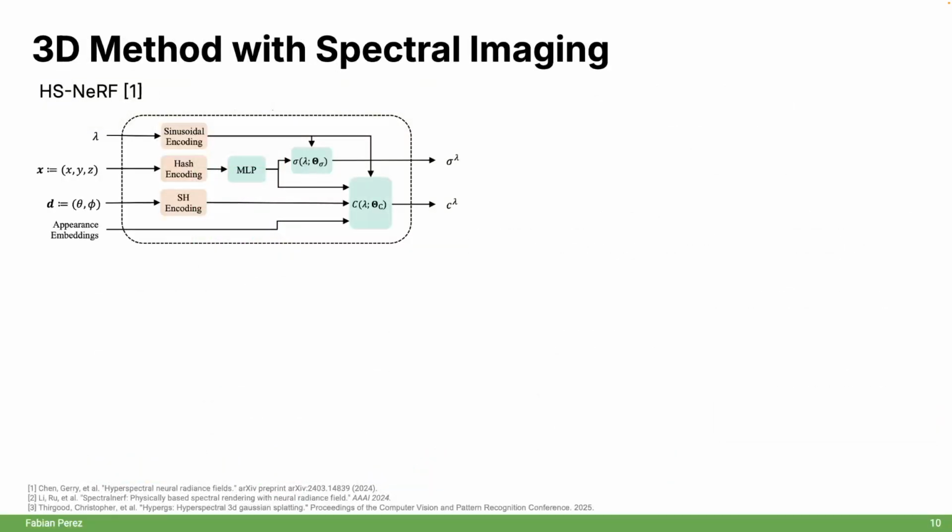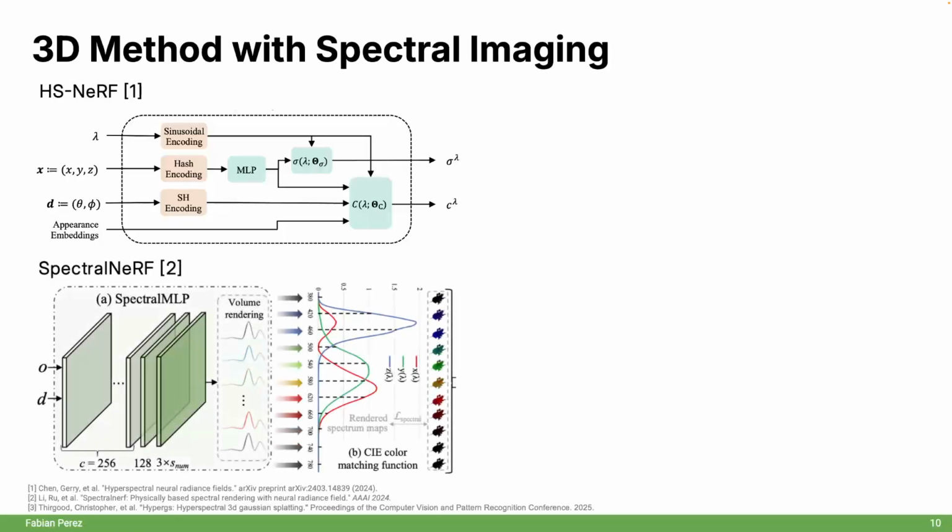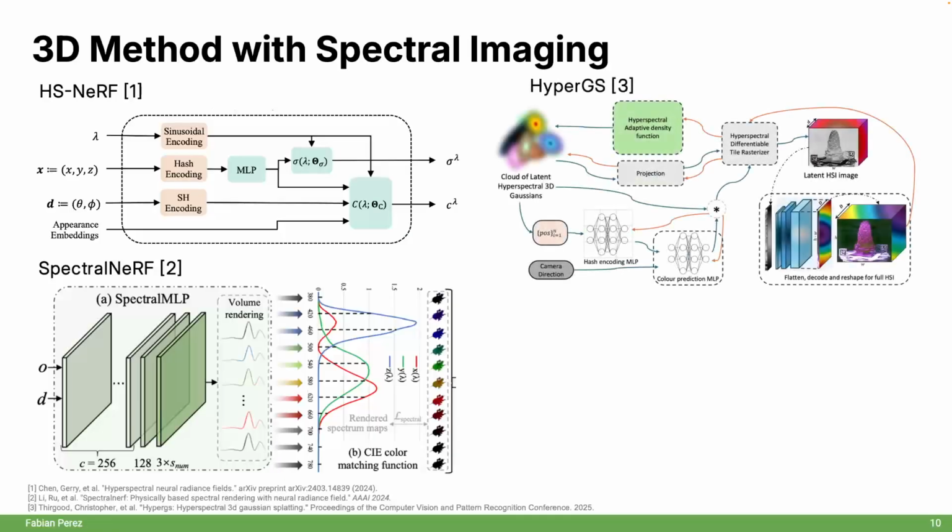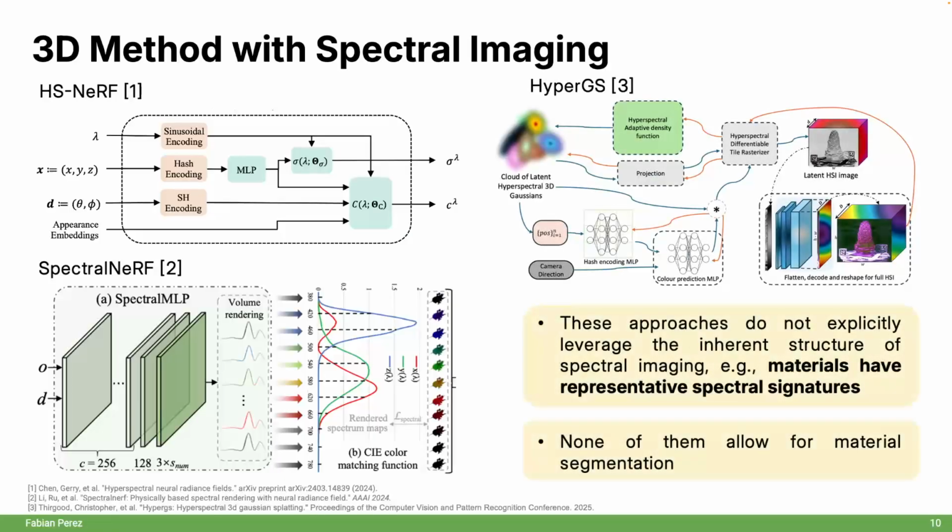Recent works have extended NeRF to the spectral modality, improving 3D spectral reconstruction. These are Hyperspectral NeRF, Spectral NeRF, and HyperGS. But these methods treat the spectral bands as independent channels, failing to take advantage of the rich material information encoded within the spectral signatures, and none of them allow for segmentation.